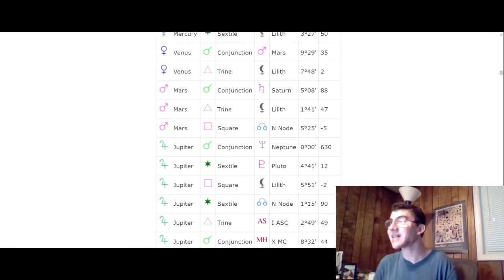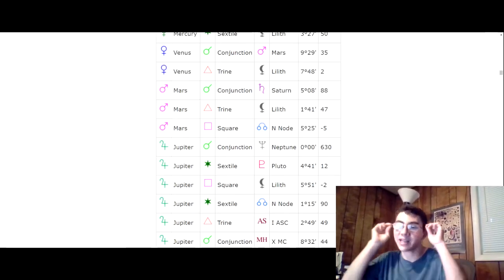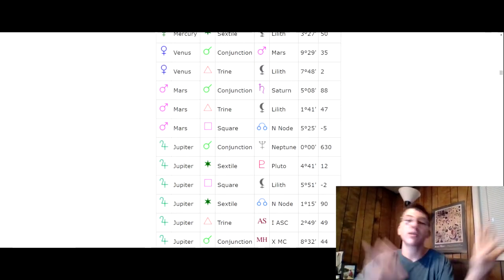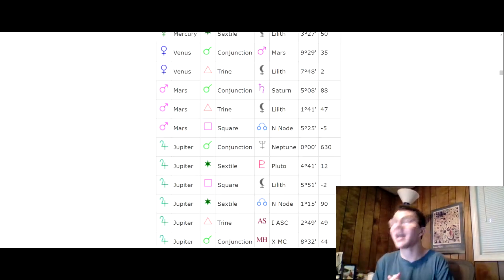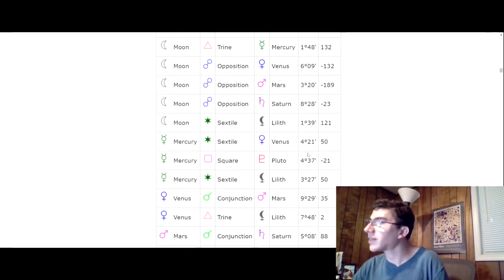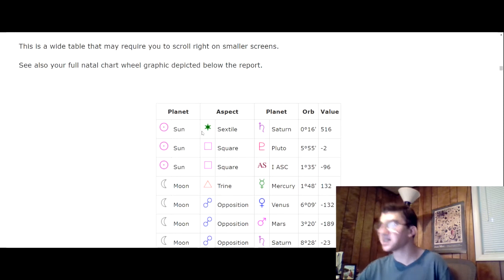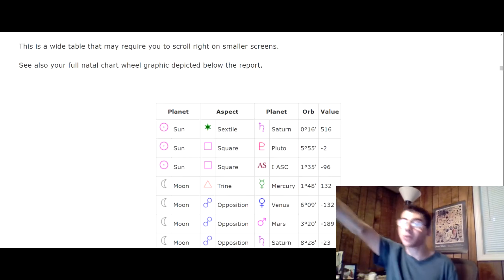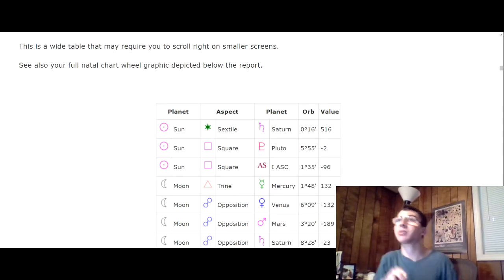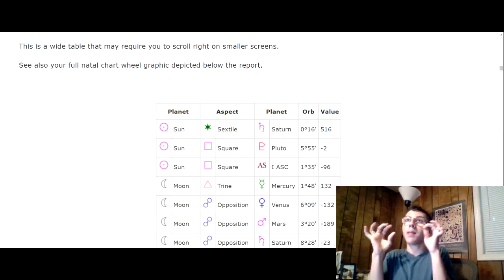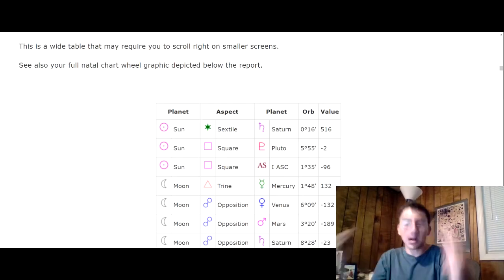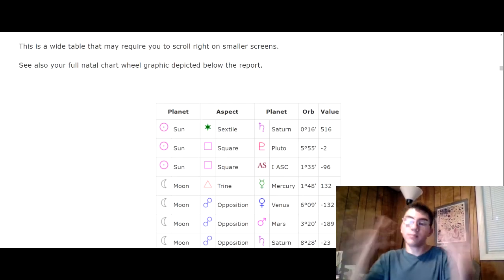So when you see it at 0 degrees and 0 minutes, that is the exact moment or hour, or part of a day, or however long it lasts, that the aspect is exact. Now, you can certainly have, for instance, this aspect, Sun sextile Saturn, 0 degrees and 16 minutes. So it sort of goes back down to that 0 degrees and 0 minute point of when the aspect is actually exact.